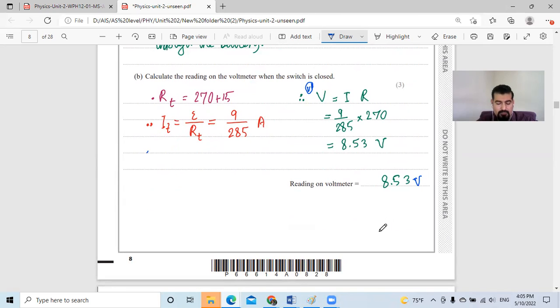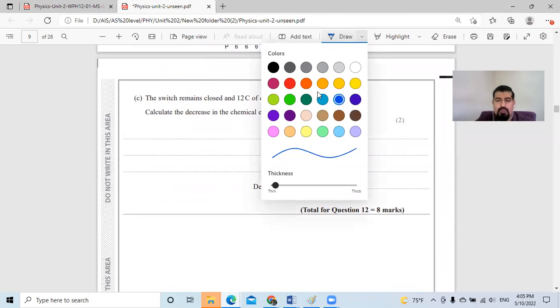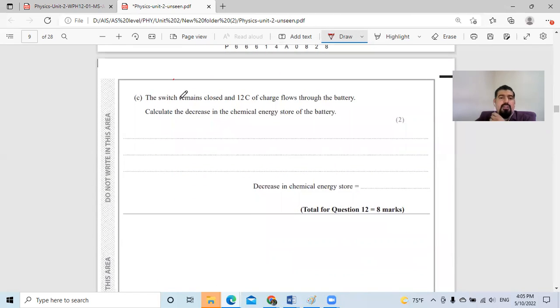Let's move on. Part C. The switch remains closed and 12 coulombs of charge pass through the battery. Calculate the decrease of the chemical energy stored in the battery. Now we have to know that the definition of voltage is energy per charge, right?